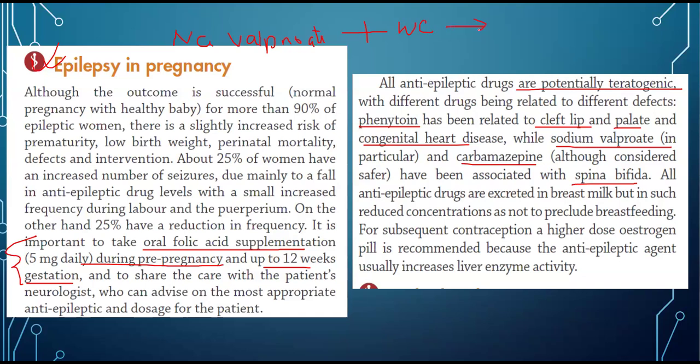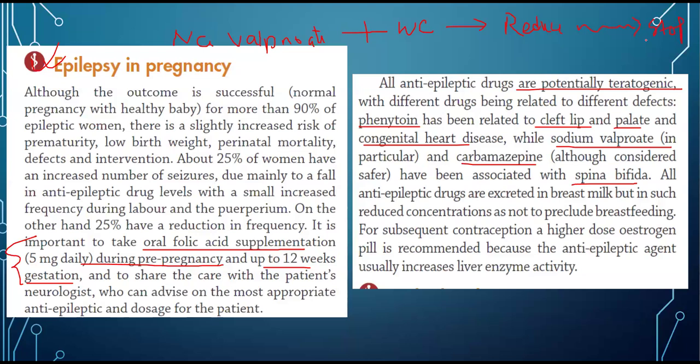So with well controlled seizures and a patient who came before getting pregnant, you can do something. You can advise the patient that because your seizure is well controlled and sodium valproate has significant risk on the baby, we can stop the sodium valproate before you become pregnant. You would gradually reduce the dose of valproate, and then over a period of time you will stop it.